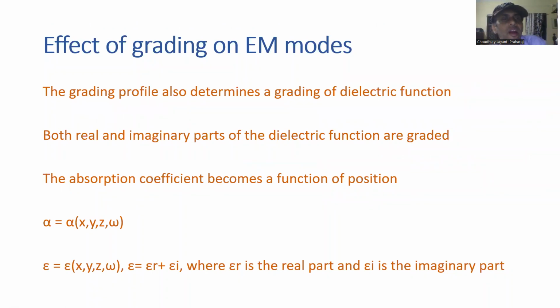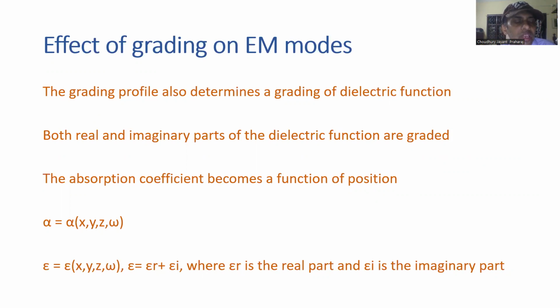Now, the grading has an effect on the electromagnetic modes that are operating in these devices, and it is these electromagnetic modes that propagate in these devices. When we have incident solar radiation, they get transformed into certain electromagnetic modes in these devices, and that is determined by the dielectric function in these devices or in these device layers.